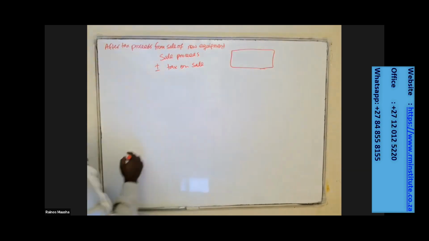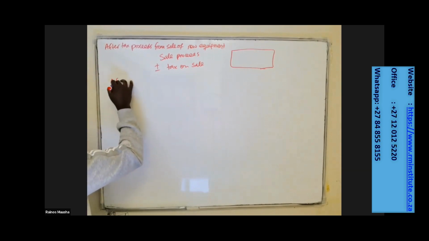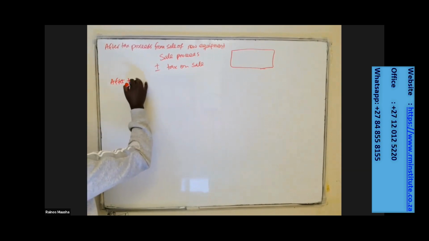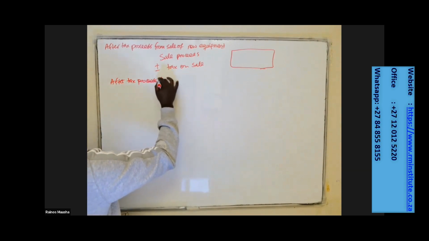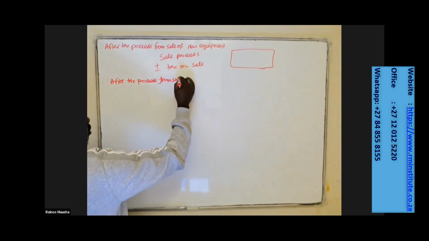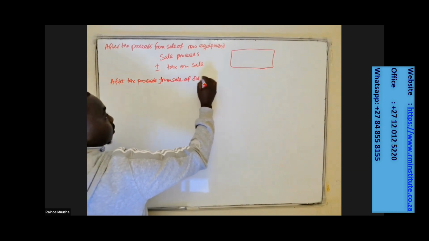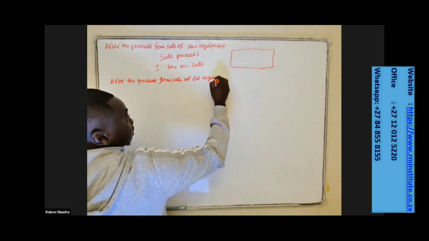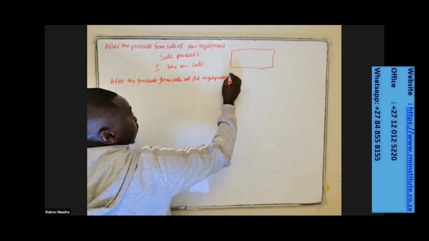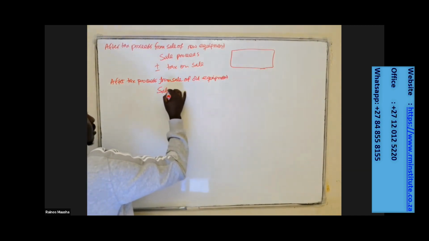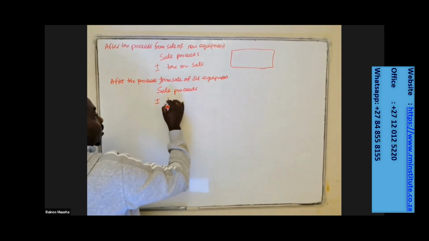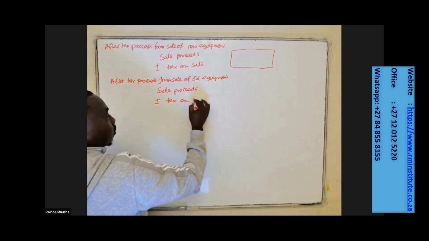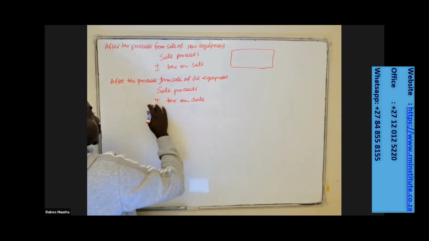Then we're also going to have the after-tax proceeds from sale of old equipment, which is given as the sale proceeds plus or minus the tax on sale.